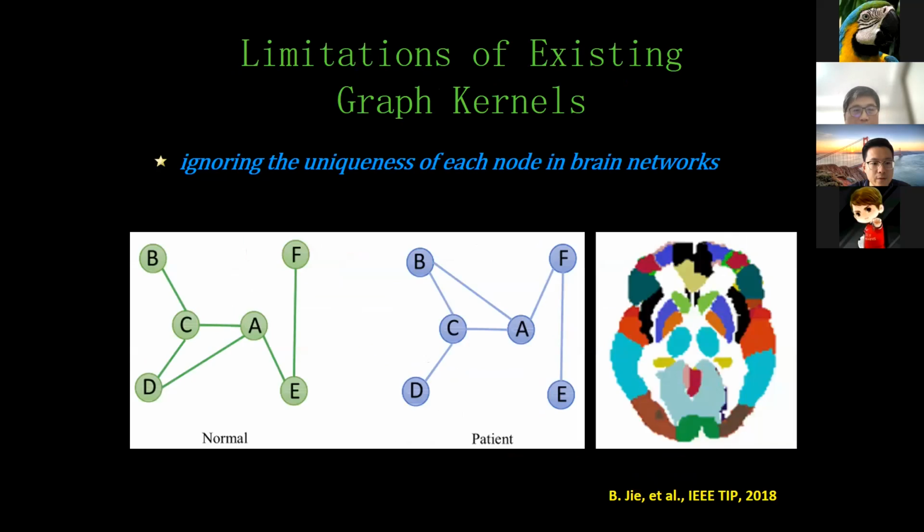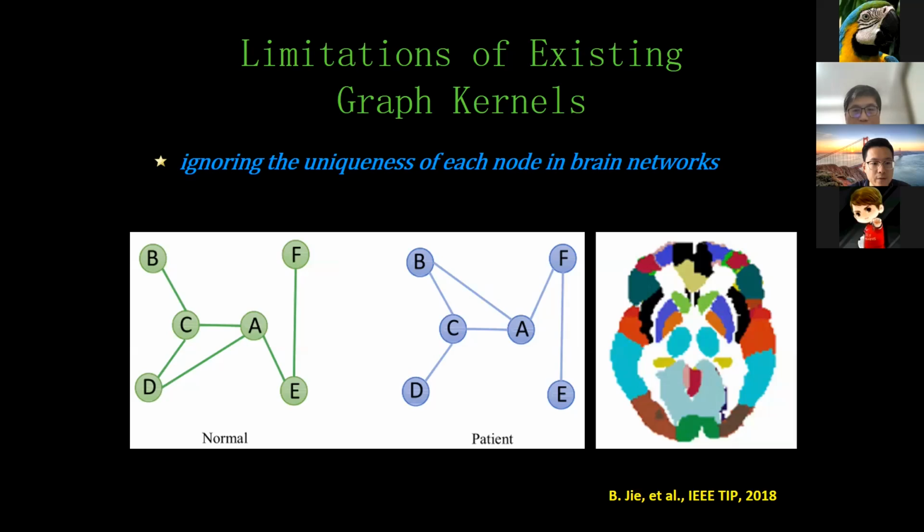2018, we further studied this topic because in early work we only used the existing graph kernels, but those graph kernels are only used for, for example, social network studies. But for brain networks, there are some characteristics.